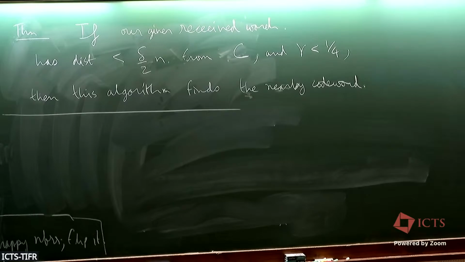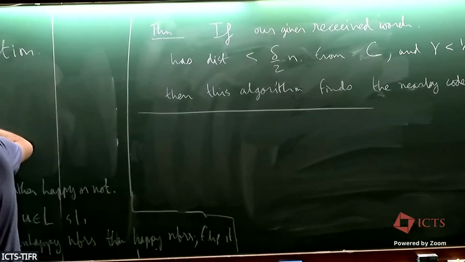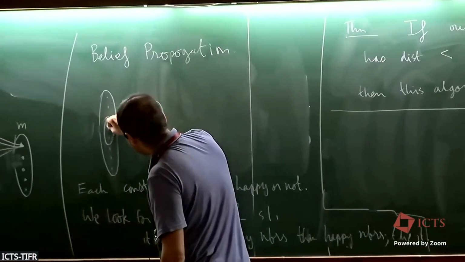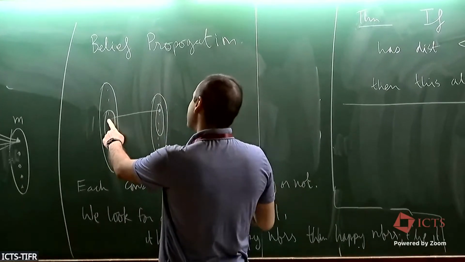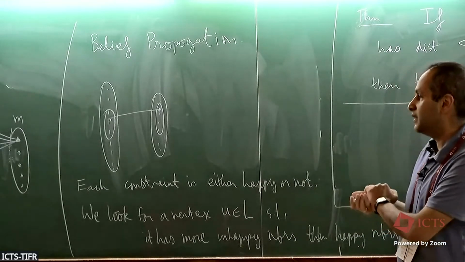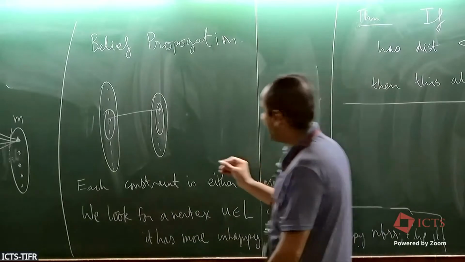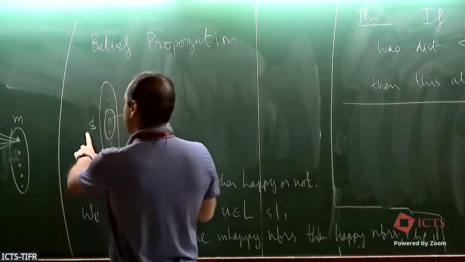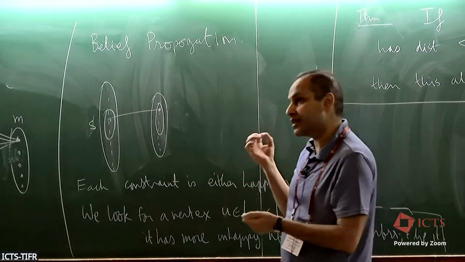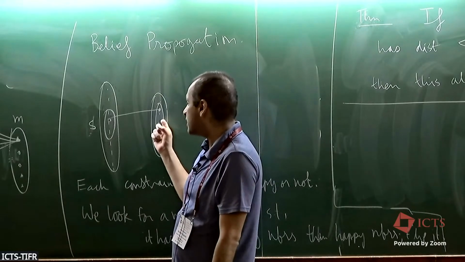So I want to look for a vertex here that has more unhappy neighbors than happy neighbors. What are unhappy neighbors in terms of the set S? This S is the set of corrupted locations. What are the unhappy neighbors? They are the vertices which have an odd number of neighbors in S.